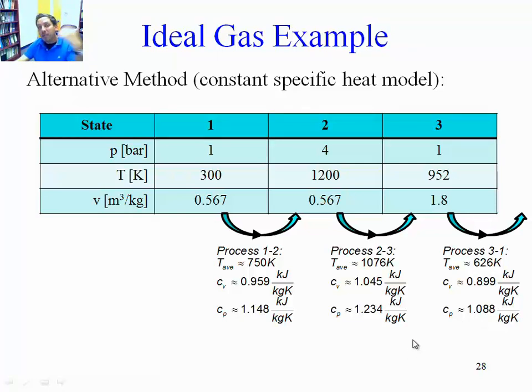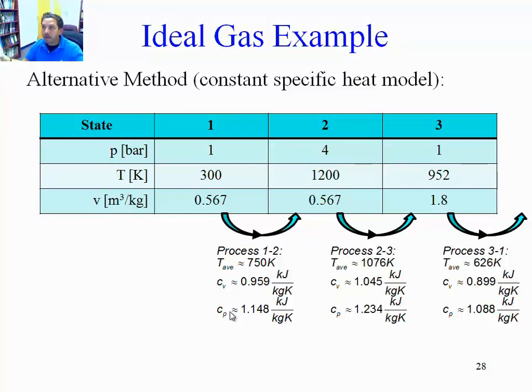Instead of going to the table like I did on the previous method, the variable specific heat method, for calculating energy and enthalpy, I calculate the change in energy and the change in enthalpy in every single one of these processes using the Cv and the Cp. By the way, when I assign a problem, you use one method or the other.